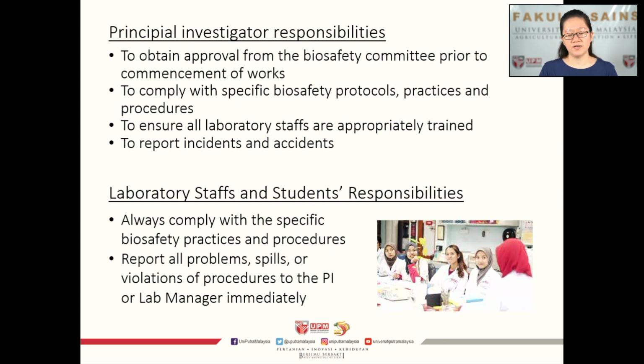In addition to that, the reporting of biohazard accidents or incidents is also equally important. Biosafety training is important as human error or poor technique can actually compromise the best of safeguards for the safety of laboratory workers. A safety-conscious staff or student is the key to prevention of laboratory-acquired infections, incidents, and also accidents.